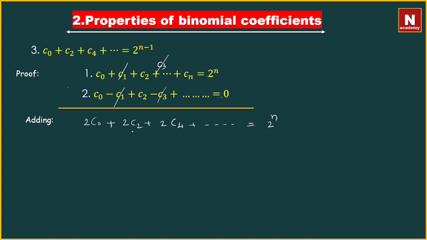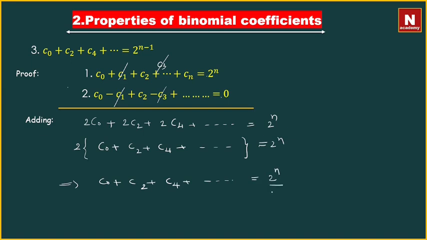Now each and every term has a 2, so write 2 common. C0 plus C2 plus C4 plus so on equals 2 power n. Now take only this expression, C0 plus C2 plus C4 so on equals 2 power n by 2.